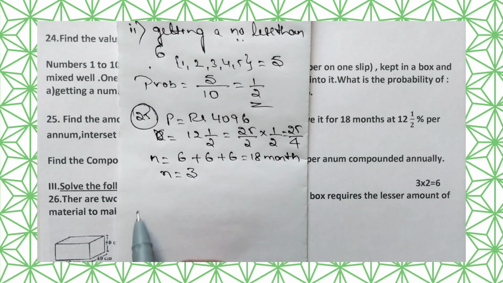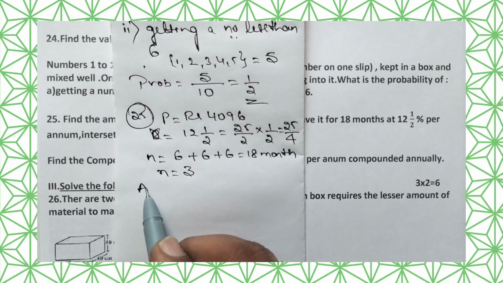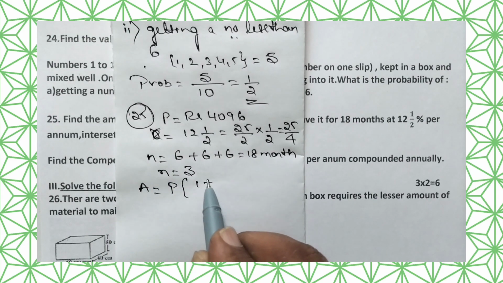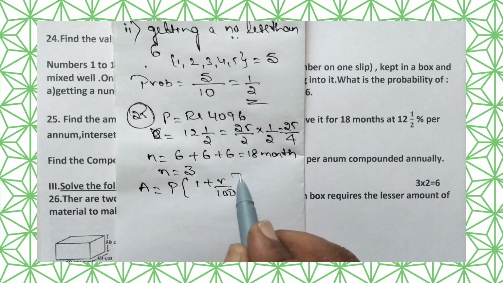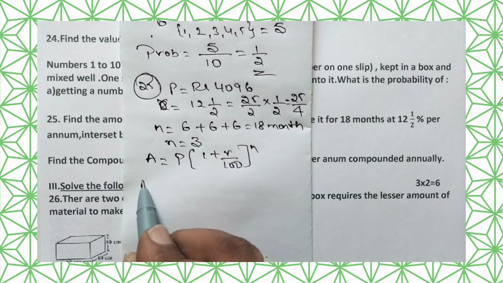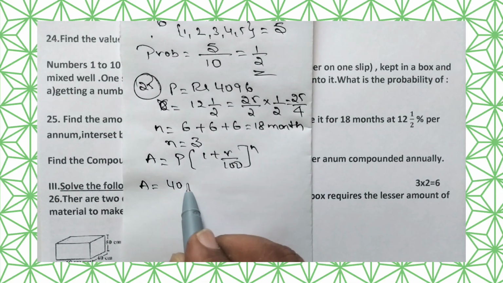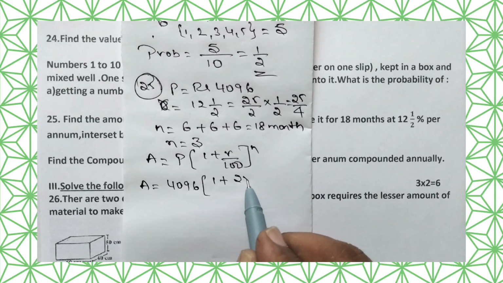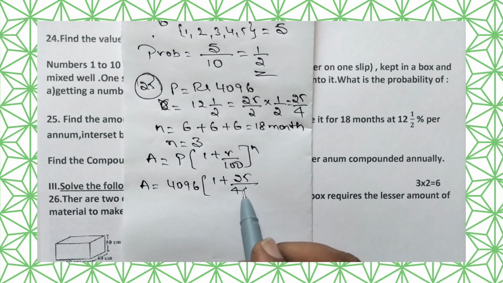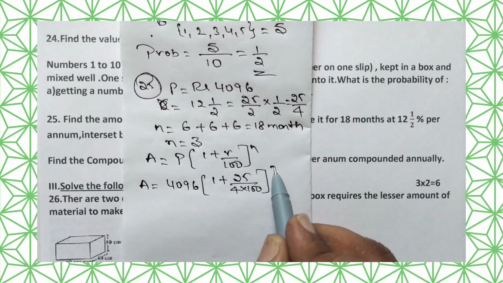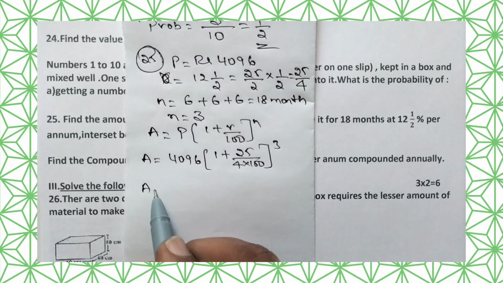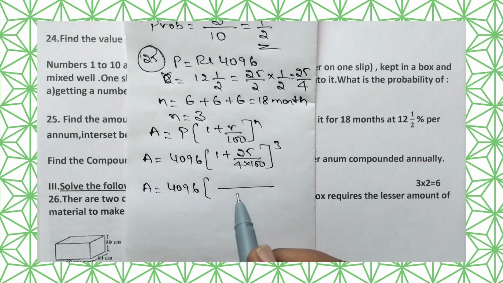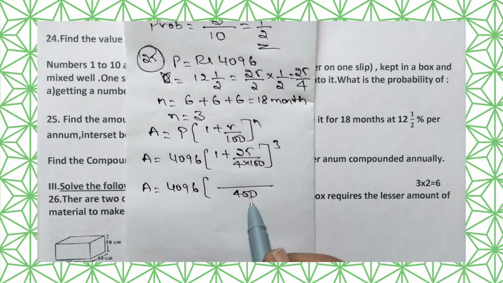So let us first calculate the total amount. A is equal to P into 1 plus R by 100 whole to the power of n. So total amount is equal to 4096 into 1 plus 25 by 4 into 100, whole to the power of n is 3. So A is equal to 4096 into, so 4 into 100, 400 is the LCM.